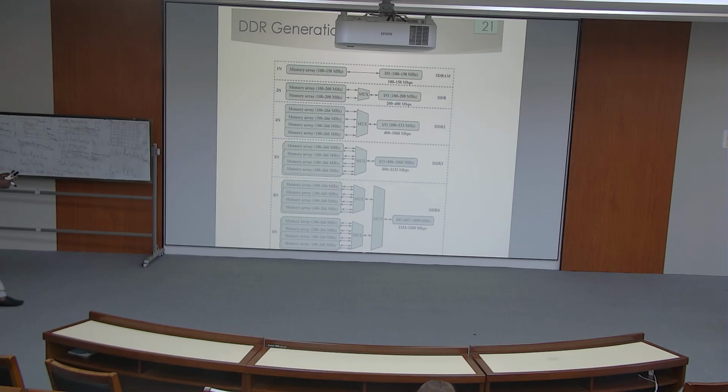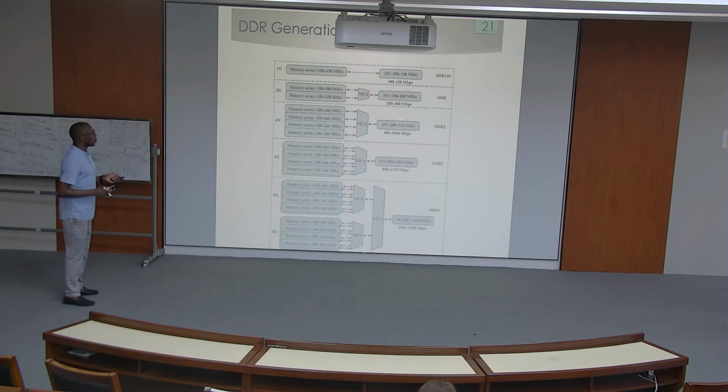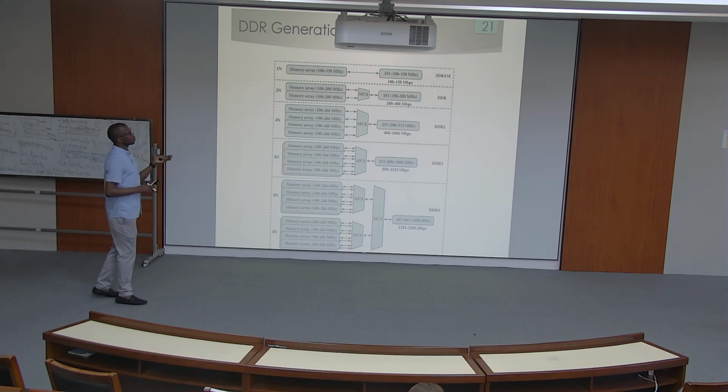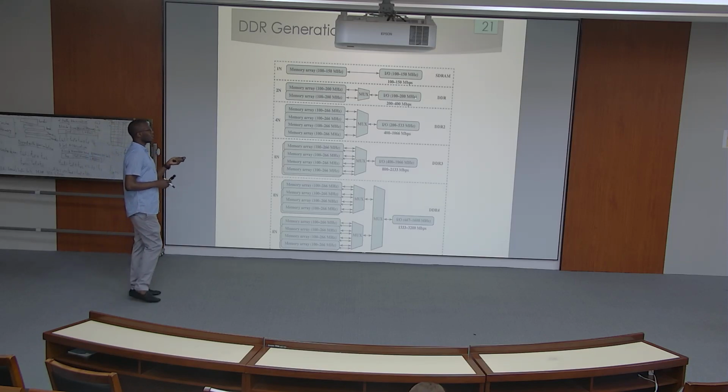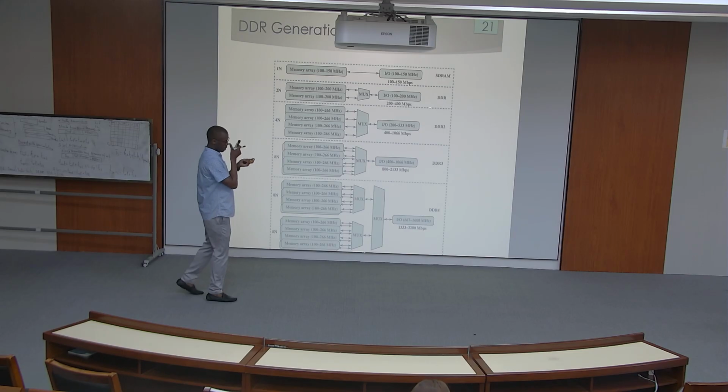Now, with the DDR1, because it uses 2 bits per prefetch, that means the effective data rate needs to be doubled. We have 2-bit prefetch, 1, 2. Then we have a multiplexer. We see that the input-output data rate has been improved almost double, from 200 up to 400 megabits per second.